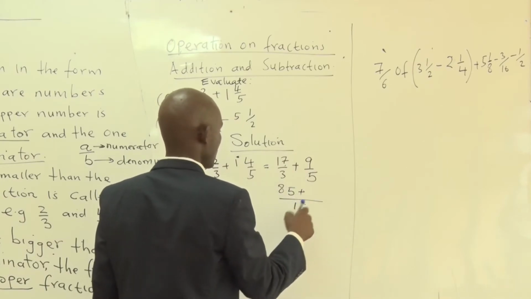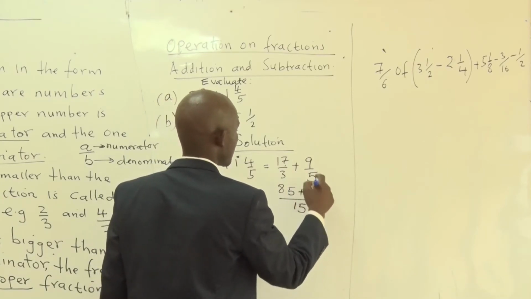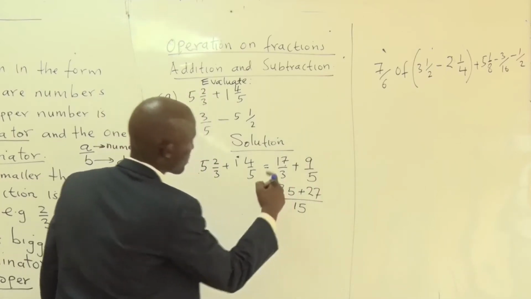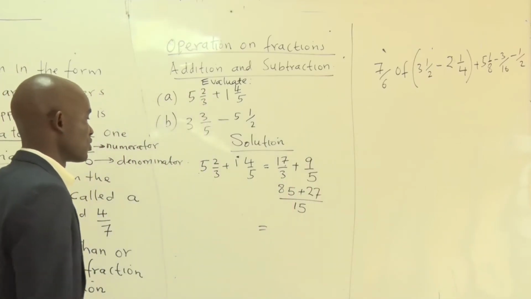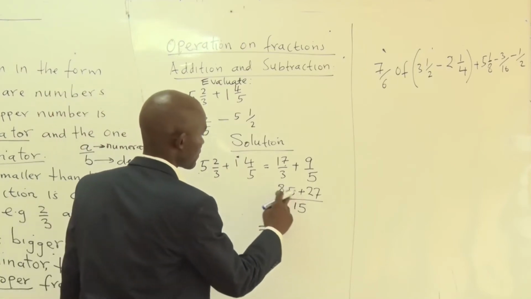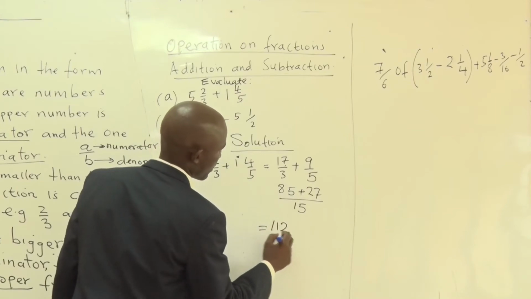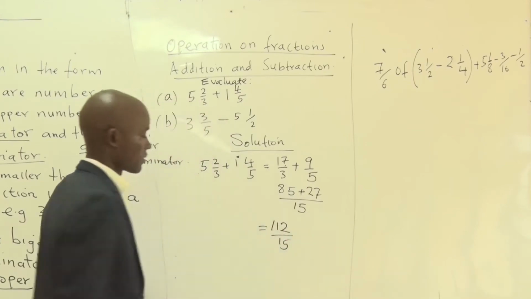5 goes into 15 3 times, so 3 times 9 gives 27. If you sum up the two, you will get 112 divided by 15.